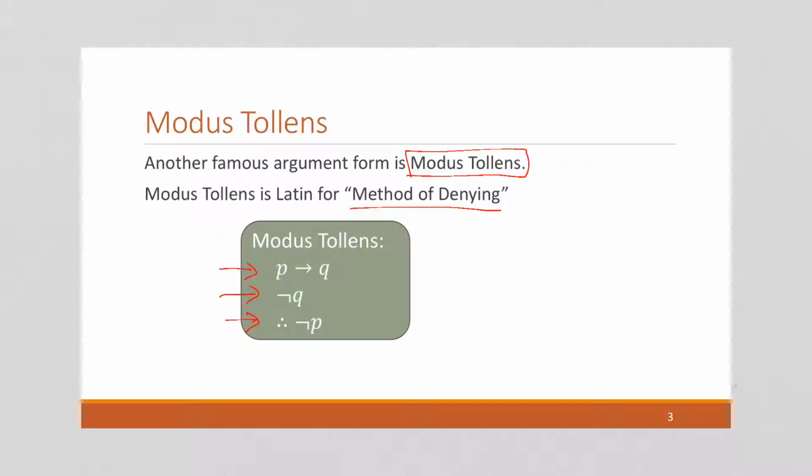An example of this could be: if Susan, or pick a name, Susan eats her dinner, then Susan gets dessert.